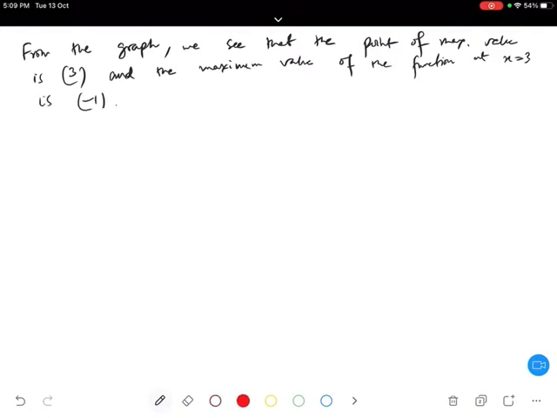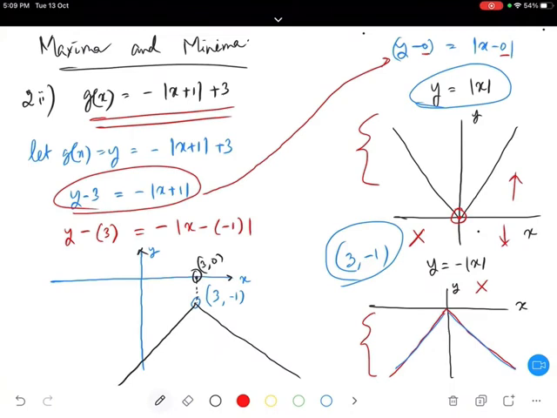So that's my answer. So this is my maximum value and this is the point of maximum value. Okay? Clear? Understood? So that's how we do question number 2.1.